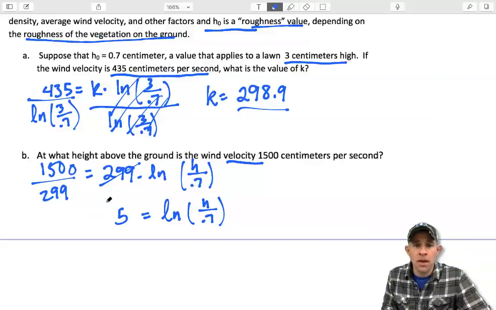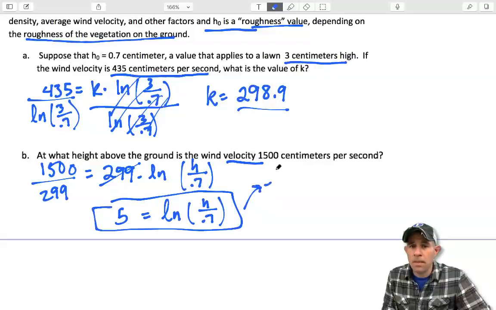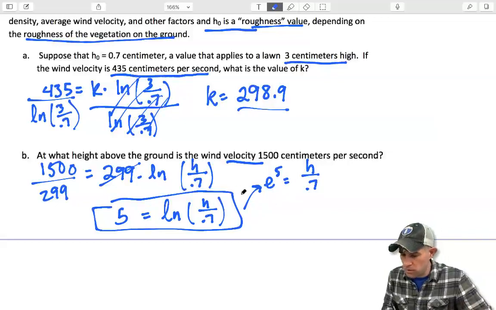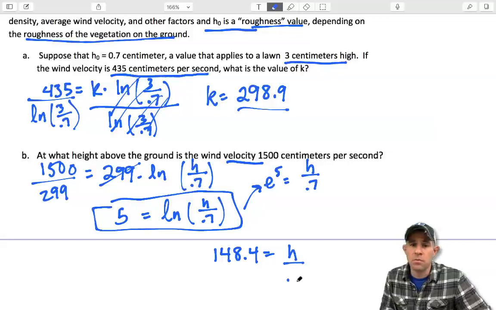5. Now remember, this line right here simply means e to the 5th power is equal to h divided by 0.7. Now e to the 5th power is simply a number in our calculators. We're going to punch that in, and when we do so, we get e to the 5th is 148.4, is equal to h over 0.7.